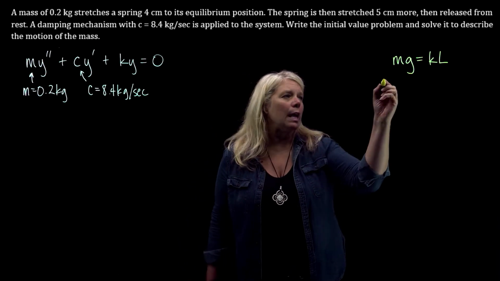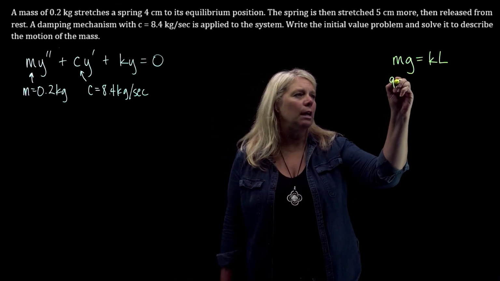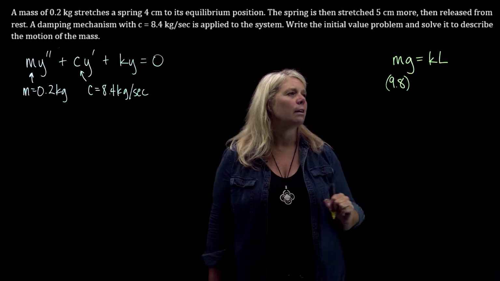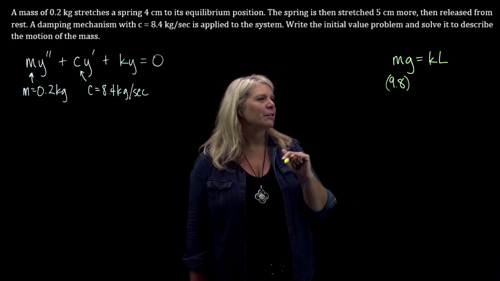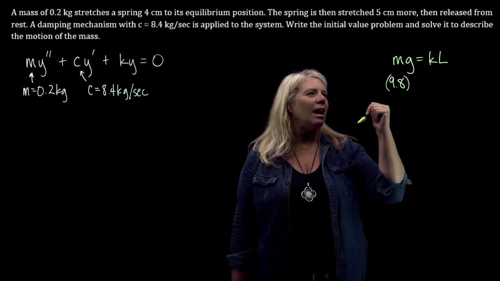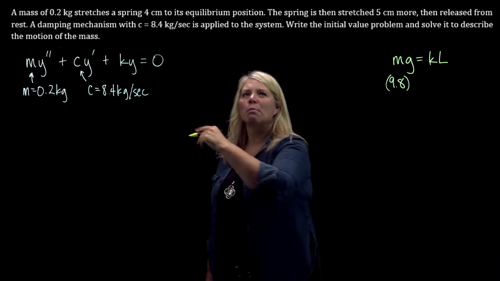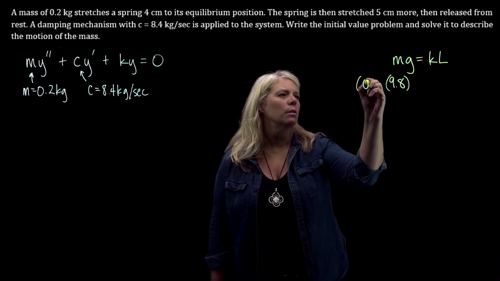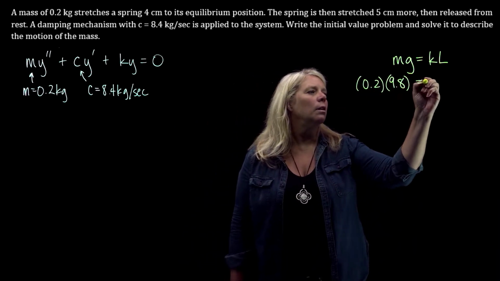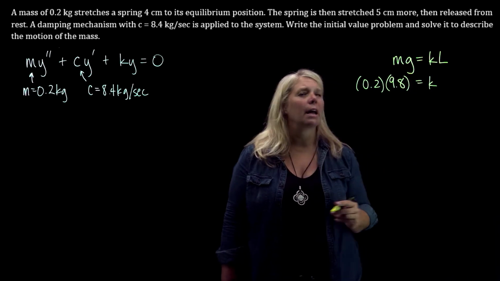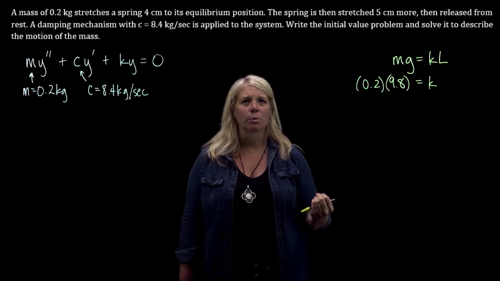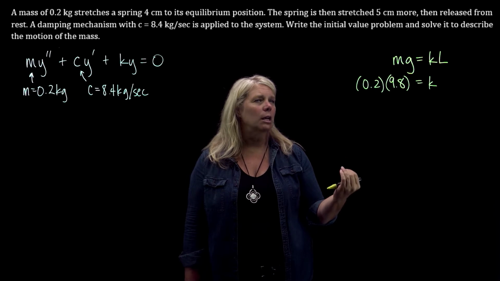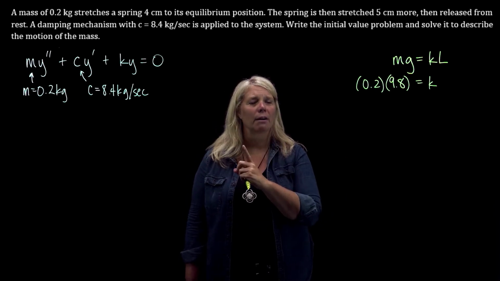I'm going to use 9.8. You could use 9.81 if you want to be even fancier, but I'm going to use 9.8 for gravity. M is 0.2. K is what we're trying to find, and L is the amount the spring is stretched to get to equilibrium.